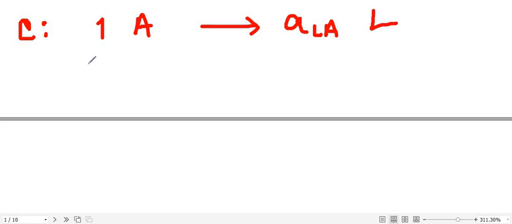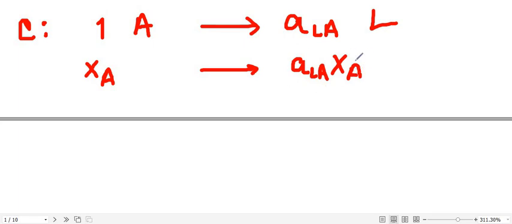We are going by unitary method, so XA amount of agricultural output will require ALA into XA amount of labor. So that is the total labor that is required to produce XA, that is the total agricultural output of the economy.